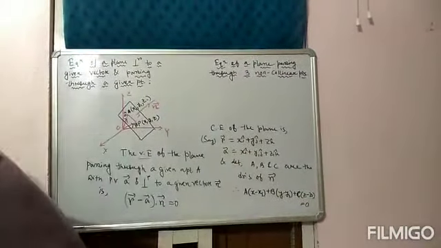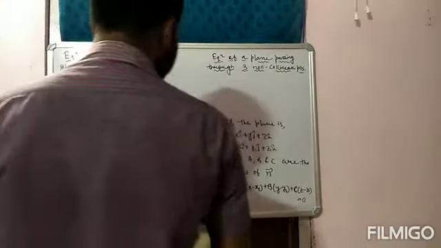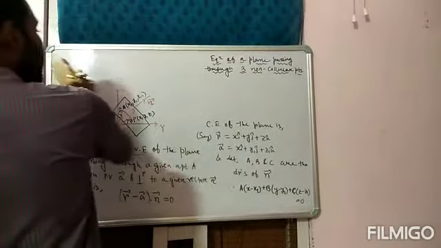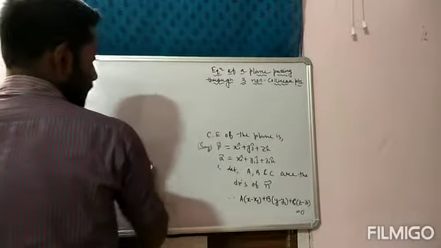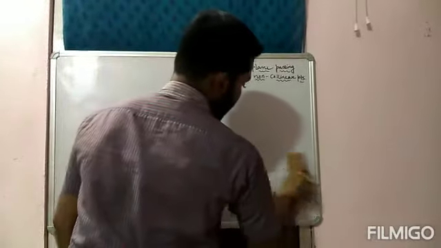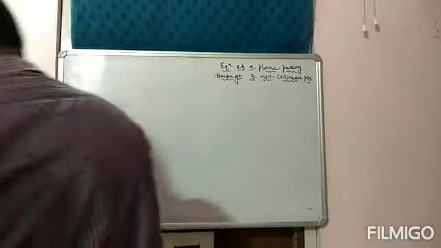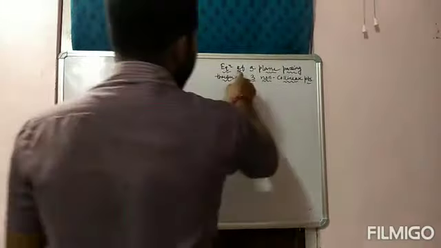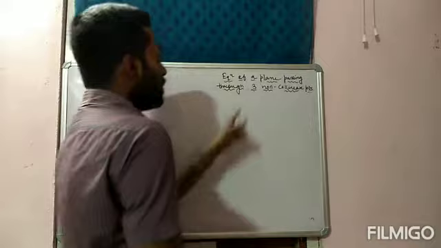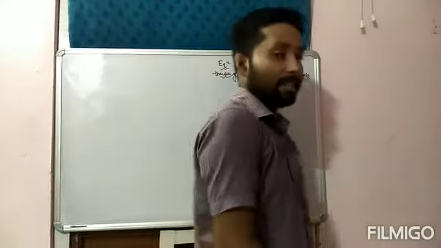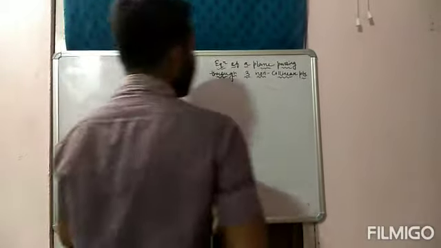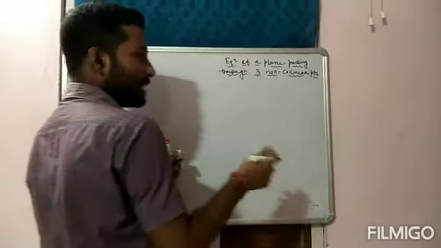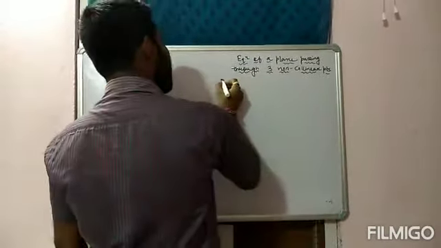Next type: the equation of a plane passing through three non-collinear points. I am not giving the diagram, I am giving the formula directly. Okay.